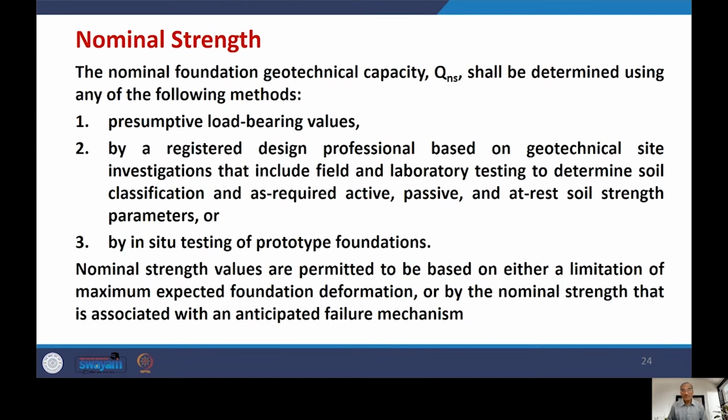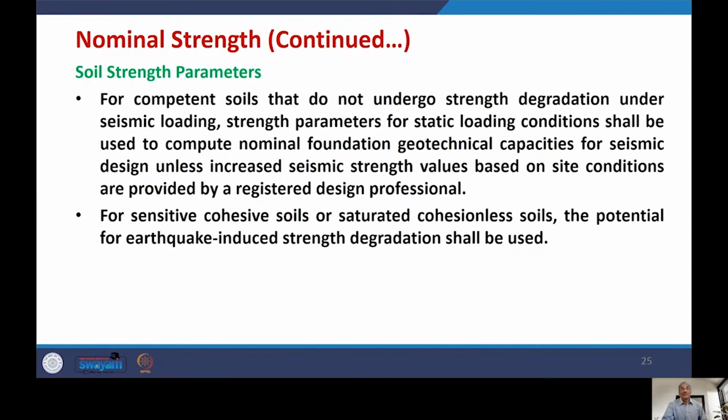Nominal strength values are permitted to be based on either a limitation of maximum expected foundation deformation or the nominal strength that is associated with an element. So this can be explained here. For nominal strength, soil strength parameters are for competent soils that do not undergo strength degradation under seismic loading. In that case, strength parameters for static loading conditions shall be used to compute nominal foundation geotechnical capacities.